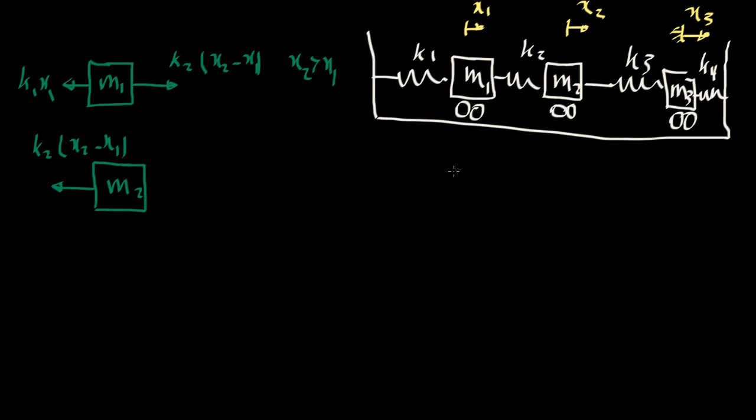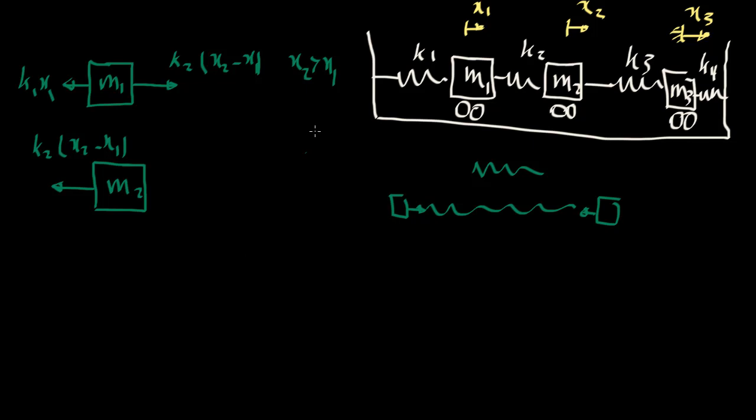Because if this spring is stretched, so let's say this was the initial spring and now this is the stretched spring, this spring wants to go back to this shape. So it is pulling this mass in this direction and it is pulling this mass in the other direction. That's basically the forces that this spring exerts on these masses.